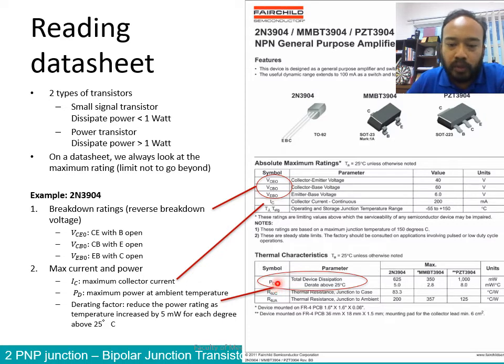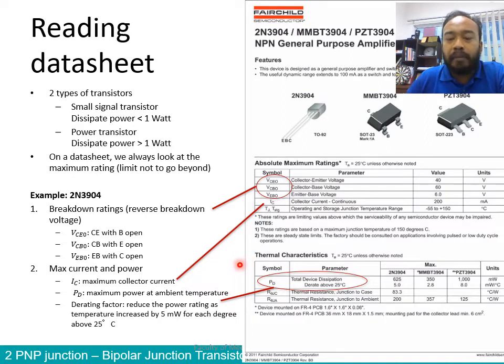This is also important to look at. This belongs to the thermal characteristic of a transistor. Why is it important to look at the thermal characteristic of a transistor? Because the PNP junction, or PN junction, its behavior can be influenced by temperature.